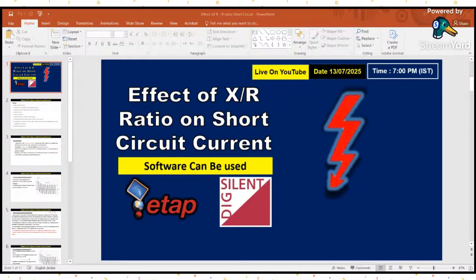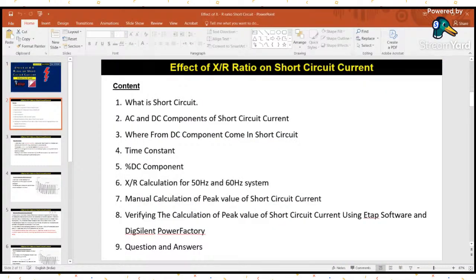So, in today's lecture, the contents are: what is short circuit, AC and DC components of the short circuit current, where the DC component comes from in short circuit, time constant, percentage DC component, and X by R calculation for 50 Hz and 60 Hz systems.